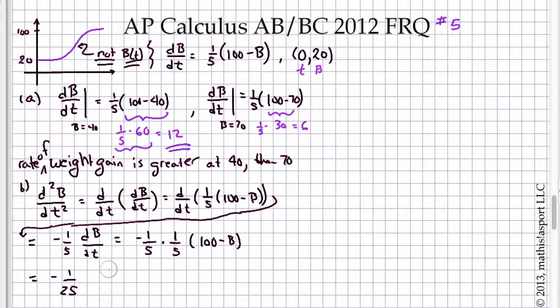And so this equals negative 1/25 of (100 minus B).